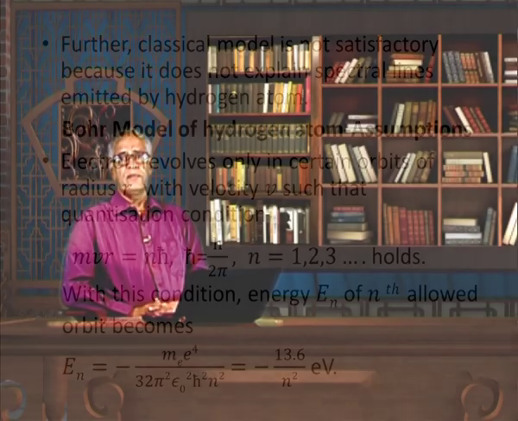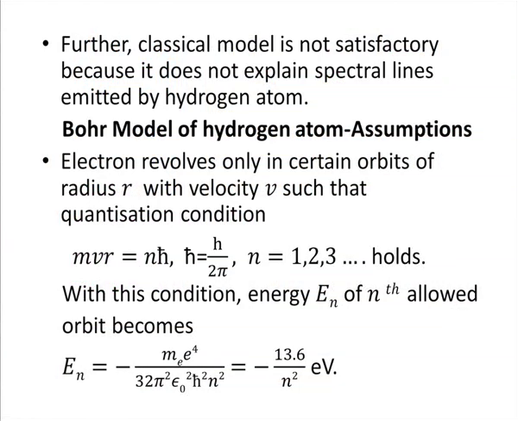Then came on the scene Bohr, and he gave the Bohr model of the hydrogen atom with the following assumptions: the electron revolves only in certain orbits of radius r with velocity v such that the quantization condition mvr = nħ holds, where ħ is h upon 2π and n is 1, 2, 3, and so on.